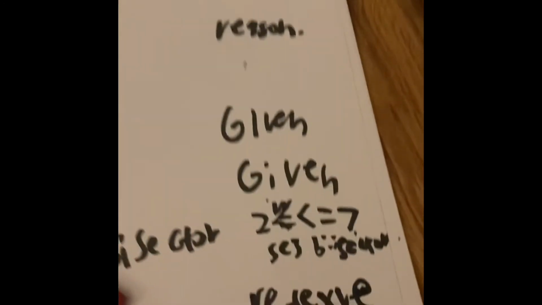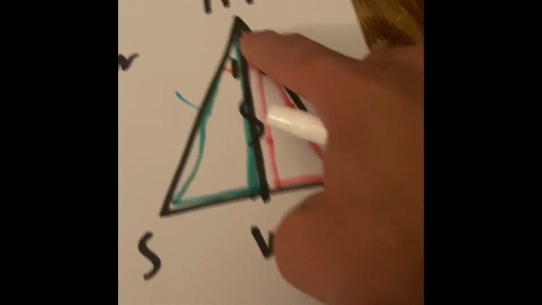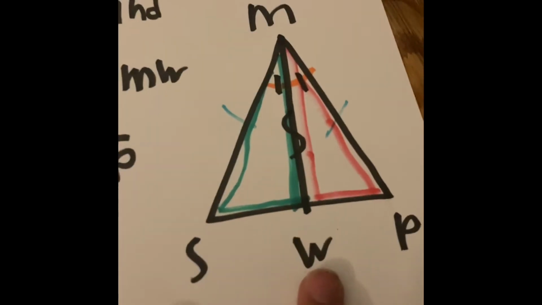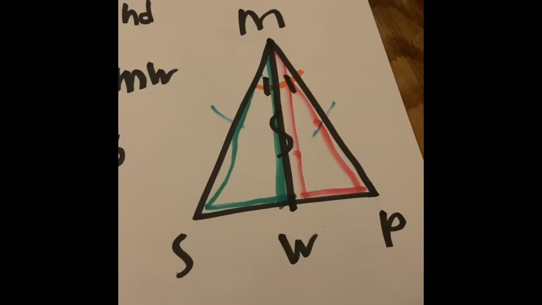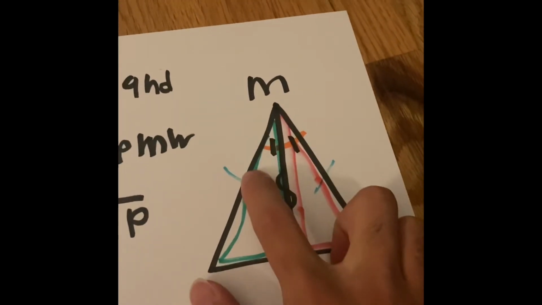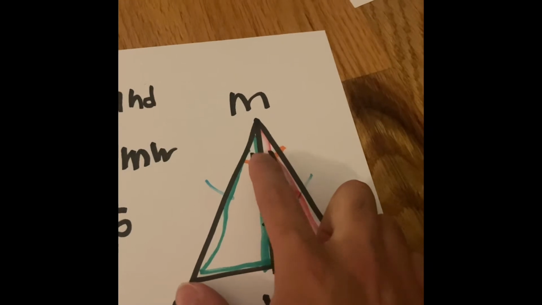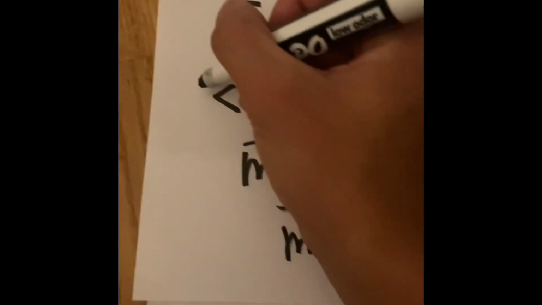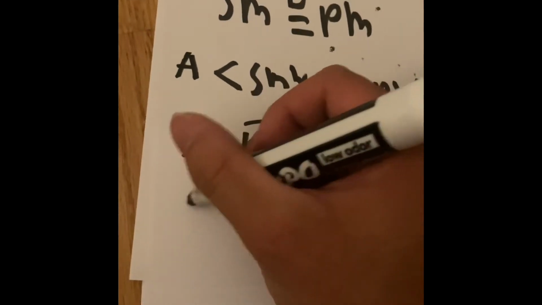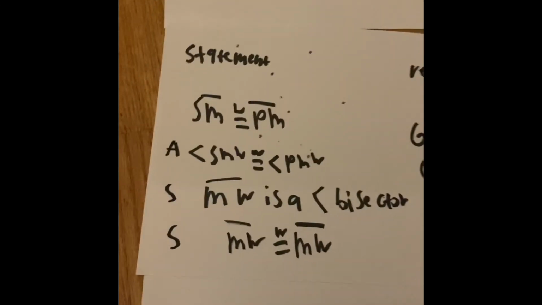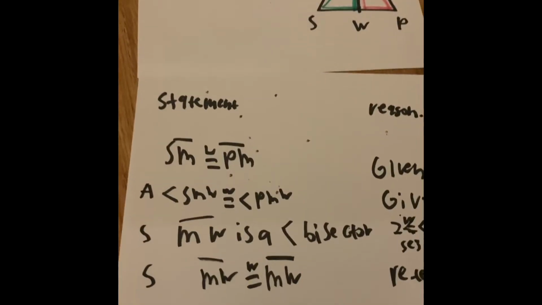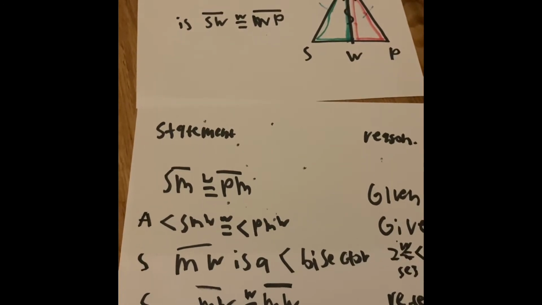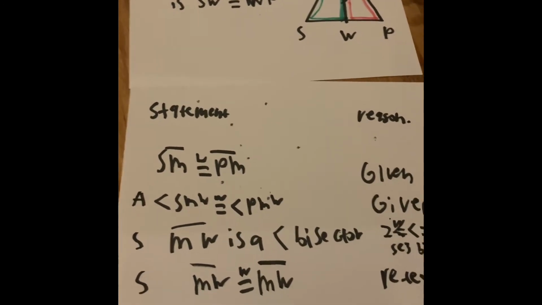So if that's a reflexive property, and we know that this is congruent to itself, what we can say is we have a segment, some angles, and a segment. That can tell us, with the proofs that we've been working on, we have a segment, an angle, and a segment. From the last video, we can use segment, angle, segment.